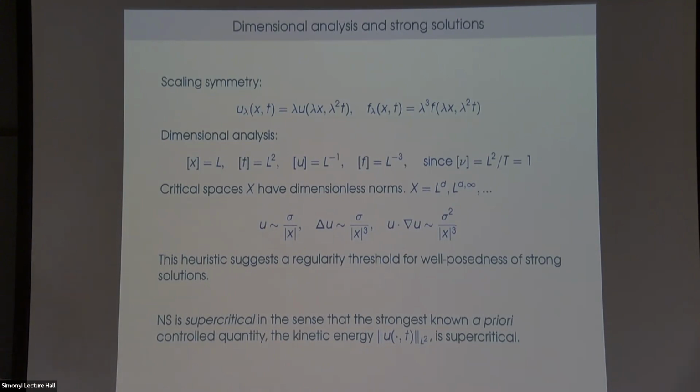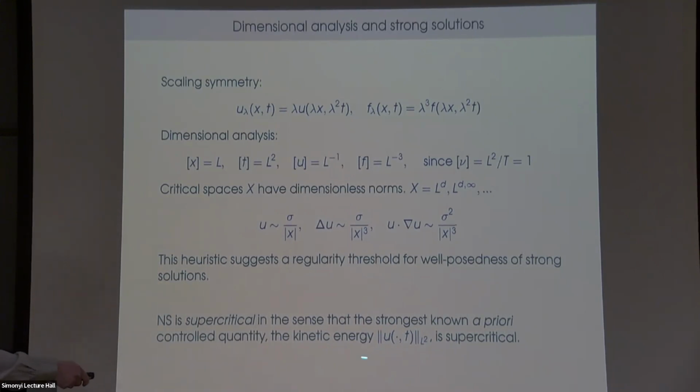And what you do is this. The way you think about things is this: given a PDE, there are typically some conserved quantities or some a priori controlled quantities. And you look at, in terms of regularity, the strongest known a priori controlled quantity. For the Navier-Stokes, it's the kinetic energy. Okay, this isn't really the kinetic energy. Sorry, I should square this and multiply by 1/2. So this norm is controlled a priori. It's our strongest known coercive quantity.